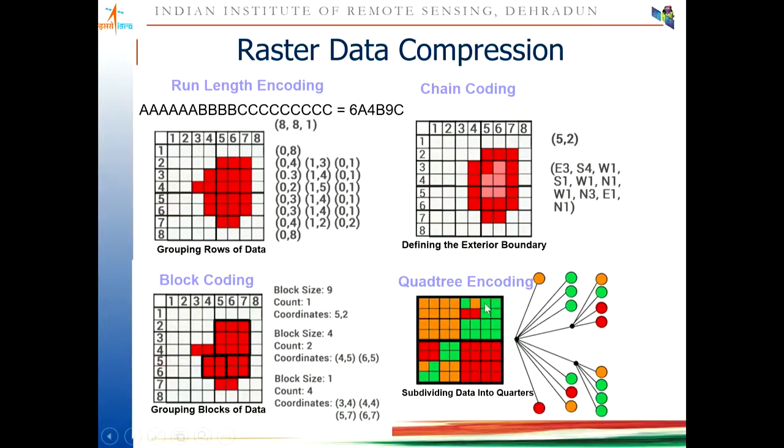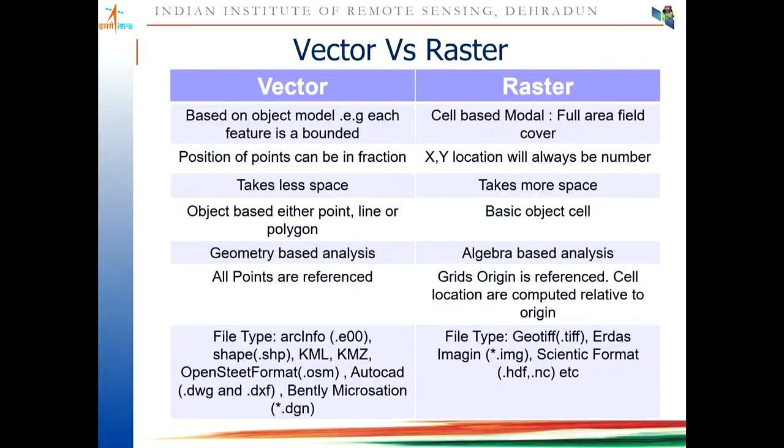But in the northeast and southwest sides, homogeneity has not been achieved, so further division is carried out. That's what the level 1, level 2 and so on representation is. This is just an example of different raster data compression carried out to reduce the amount of information stored in a file.